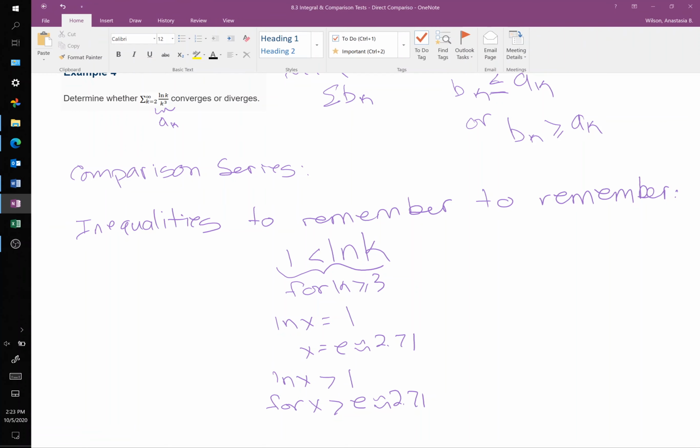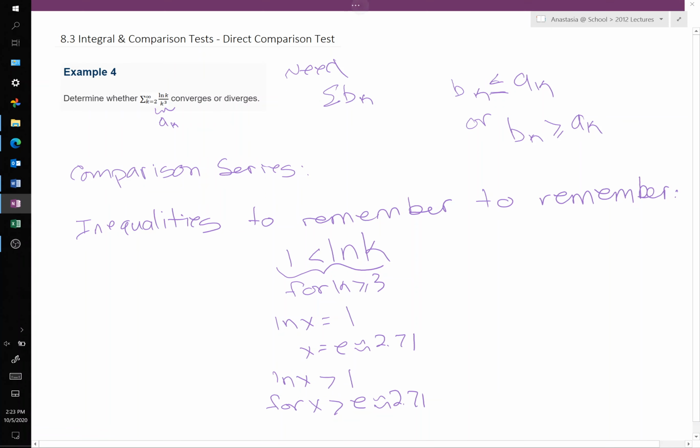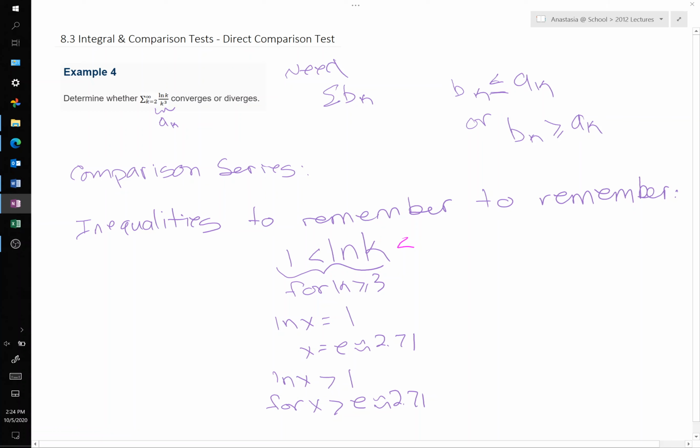Now we also have an upper bound on the natural log function. That is that the natural log of k is less than k, and that inequality is true for all positive integer values, so k bigger than or equal to 1. So this gives essentially two functions to use instead of the natural log function.